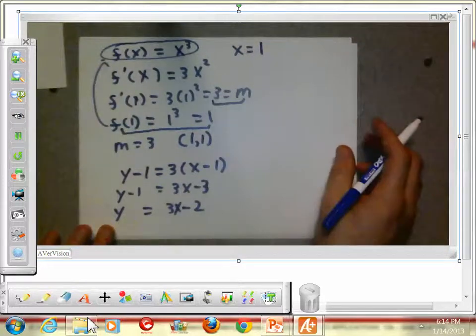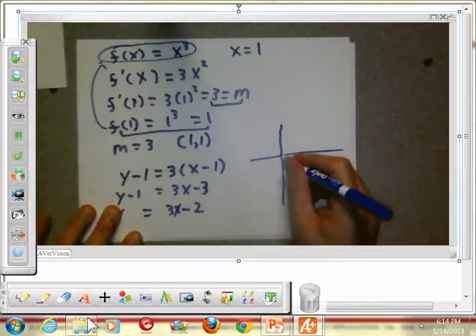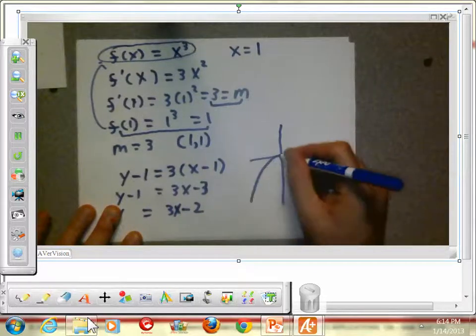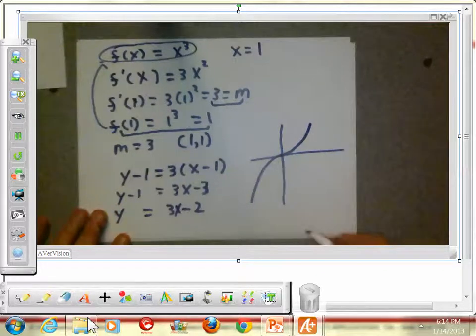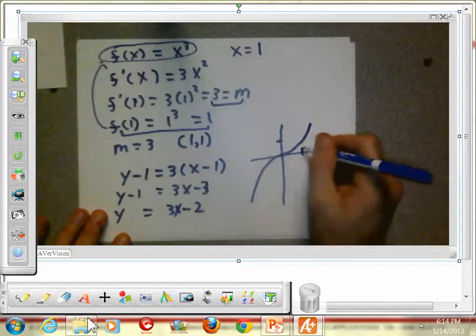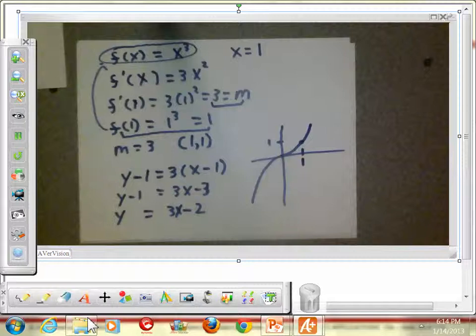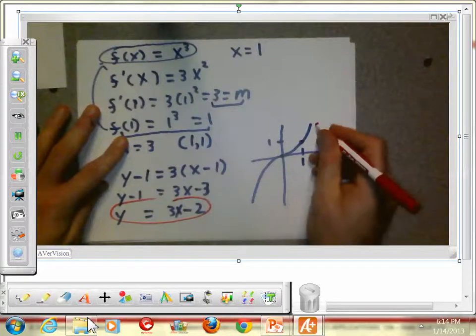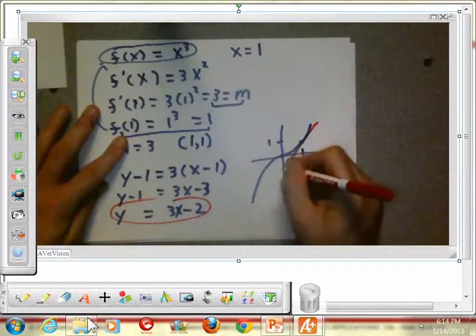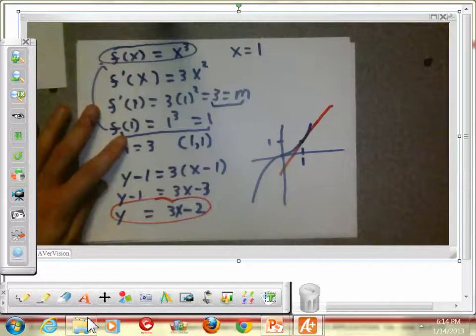So essentially what we did was the function for f of x equals x cubed looks something like this. And what we did is we said, well, here's the point that we're looking at, x and y are both 1. And what we did is we used this line over here to draw the tangent line, which is what I drew, which is what I have circled in red, okay?